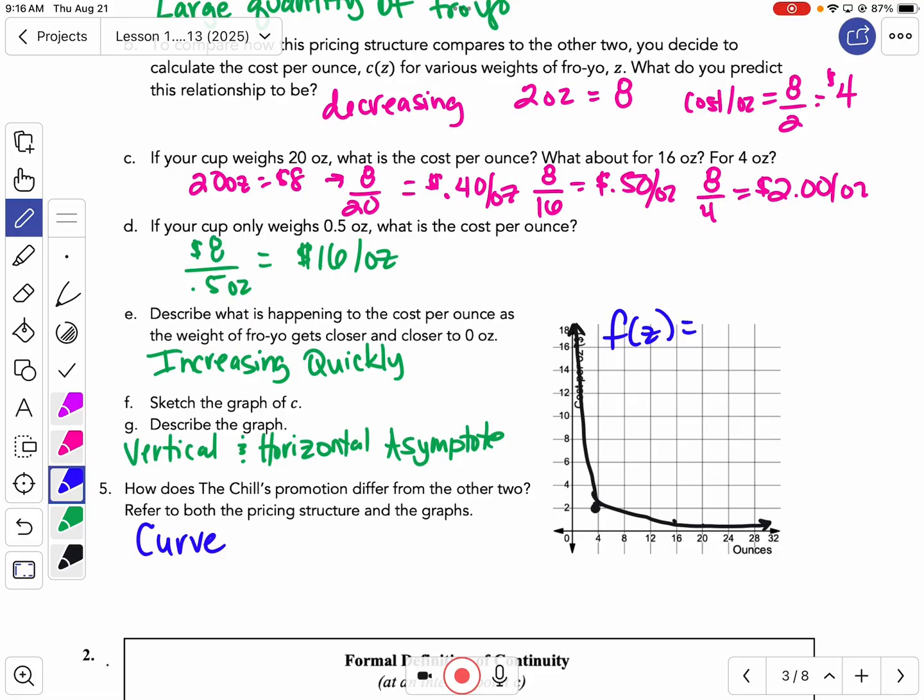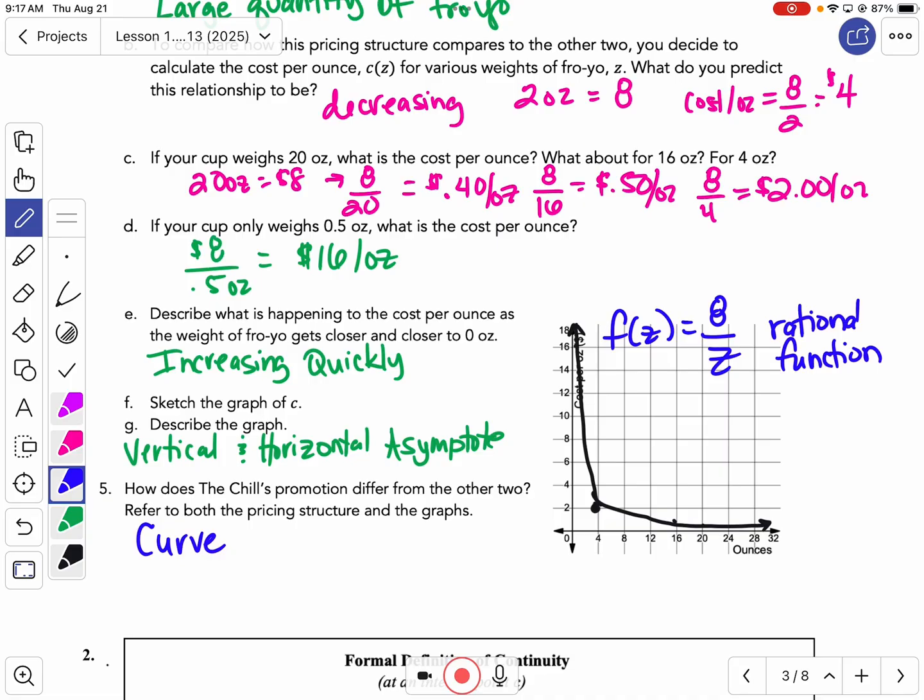But in reality, what we did every time is we took that $8 and we divided it by however many ounces we had. So it's actually rational. It's 8 divided by x. Okay? It's a rational function. And that's kind of weird to think about if I just look at the graph. So we had to look at what we were doing. Okay? All rational functions are going to have a discontinuity.